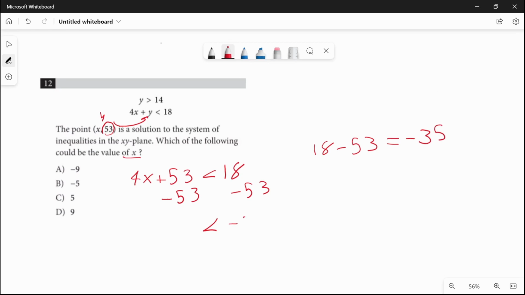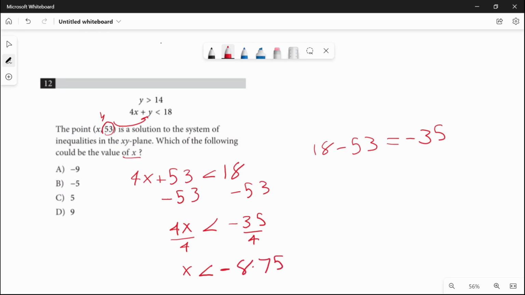So we will have negative 35 on one side and 4x on the other side. Next step will be dividing by 4. So if we divide that by 4, we will have x should be a number that's less than negative 8.75.